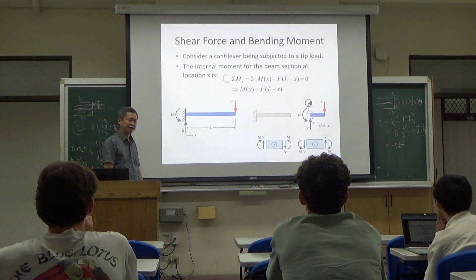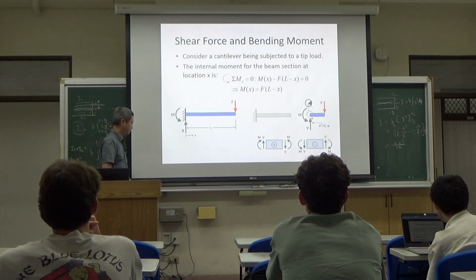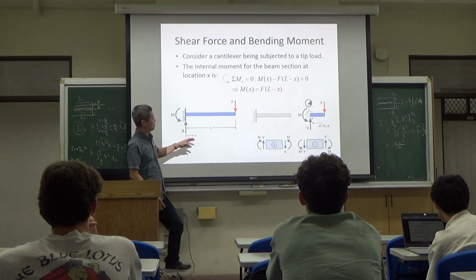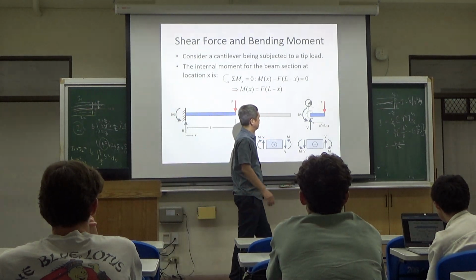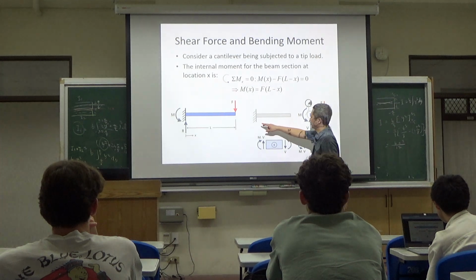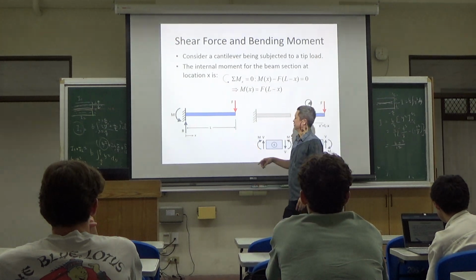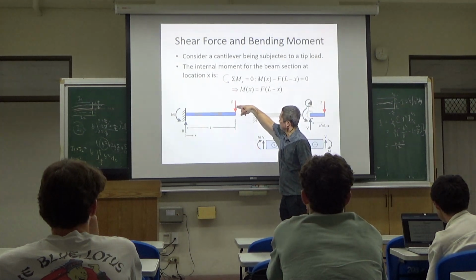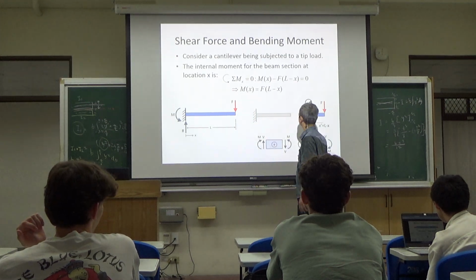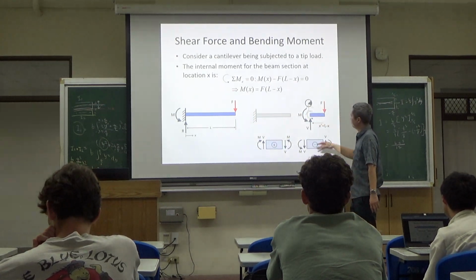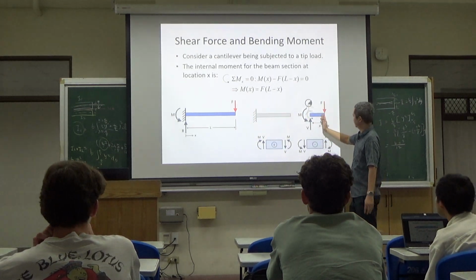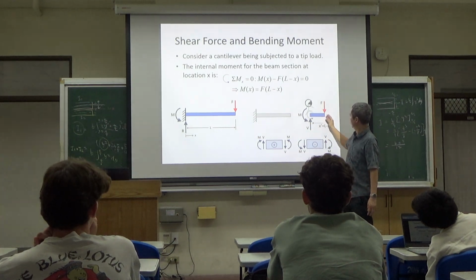So let's take the example of a cantilever beam. In the case of a cantilever beam, this is a cantilever beam of full length L and is subjected to tip loading of force F downward. Let's find the moment at the distance x away from the tip.